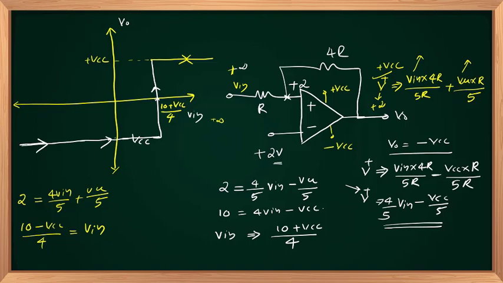It will be negative if VCC is greater than 10. So if VCC is greater than 10, this will go to the negative side. If VCC is less than 10, it will be on the positive side only. So you can assume it either way.